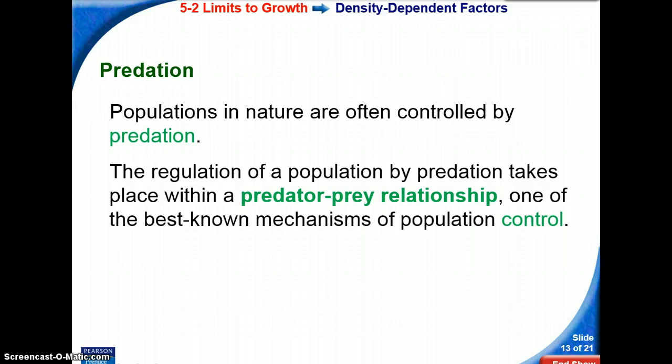The regulation of population by predation takes place within a predator-prey relationship and is the best known mechanism of population control. So this is going to be the best way to control a population that's starting to get a little bit out of control.